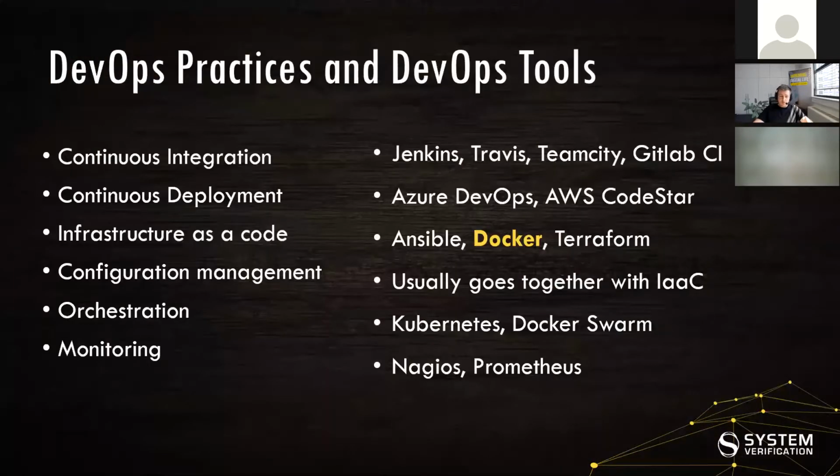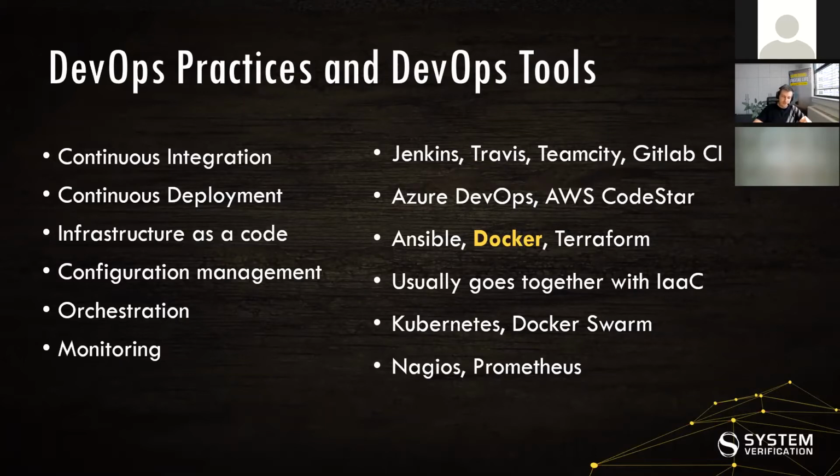When we look at the DevOps practices and DevOps tools, they include a lot of things. DevOps practices are a finite number. When it comes to DevOps tools, it's not that there is an infinite number of them, but there is a huge number of them.